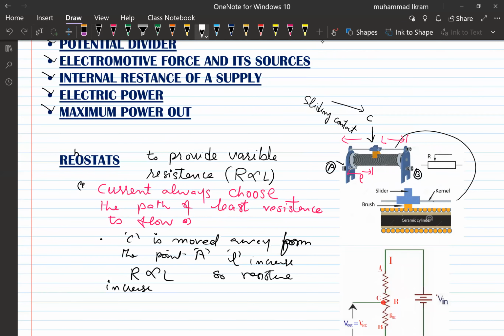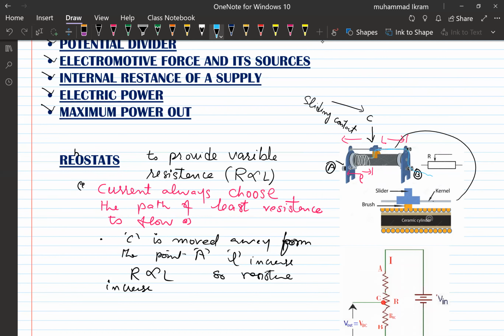The current sees the path of least resistance, because there are thousands and thousands of turns here, while here it is just a direct, simple connection, and this is how the current will flow through it.